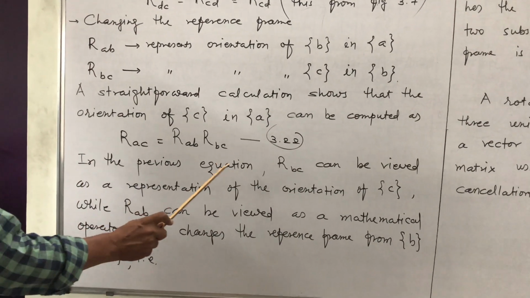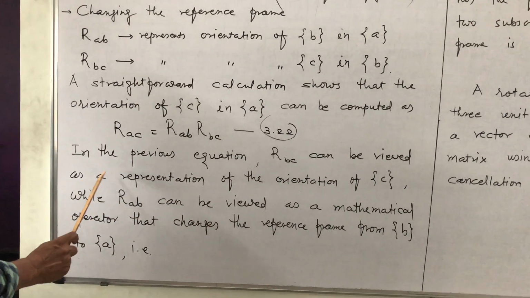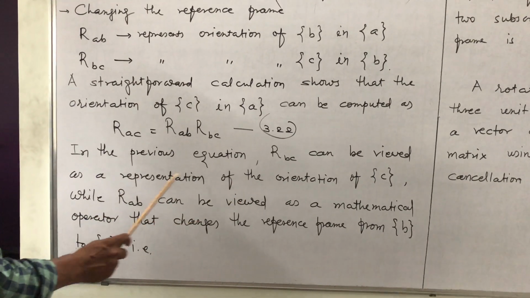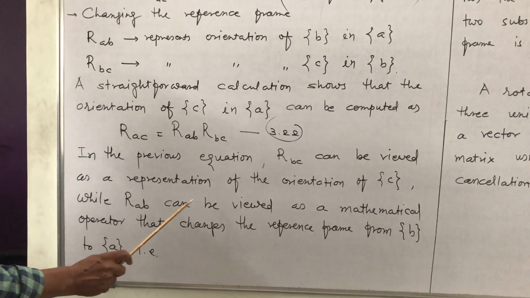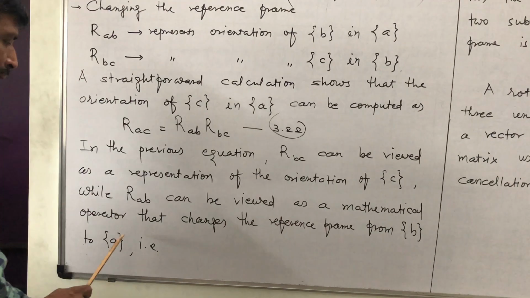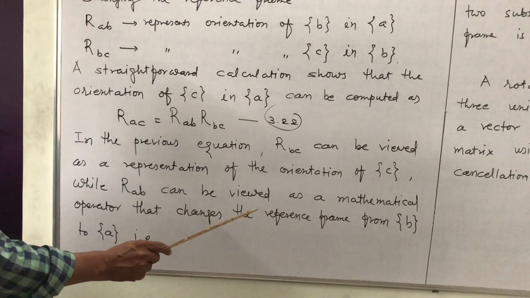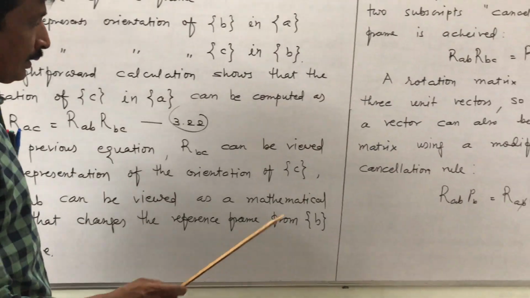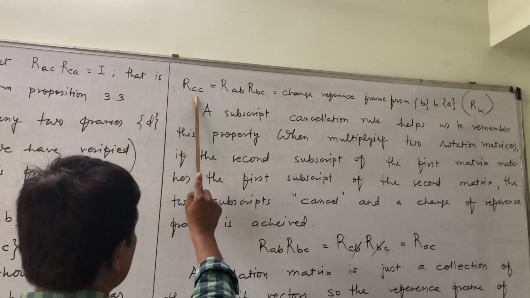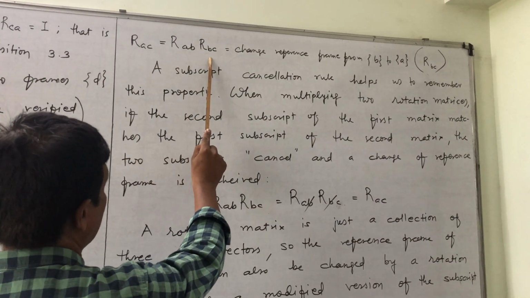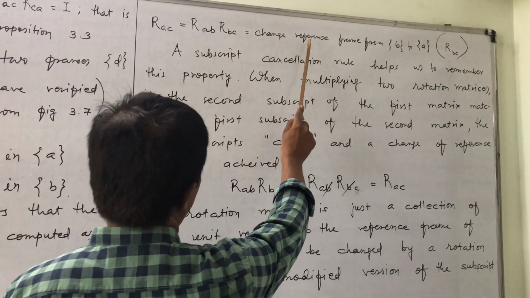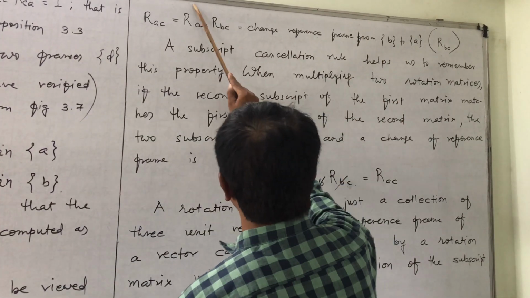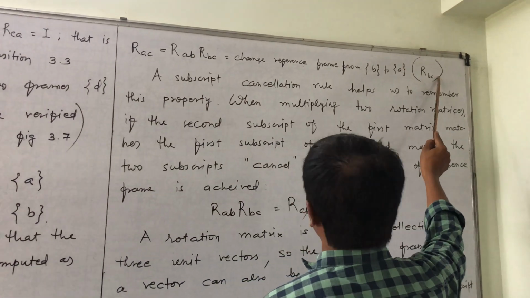In this equation, RBC can be viewed as a representation of the orientation of C, while RAB can be viewed as a mathematical operator that changes the reference frame from B to A. That is, RAC equals RAB into RBC.